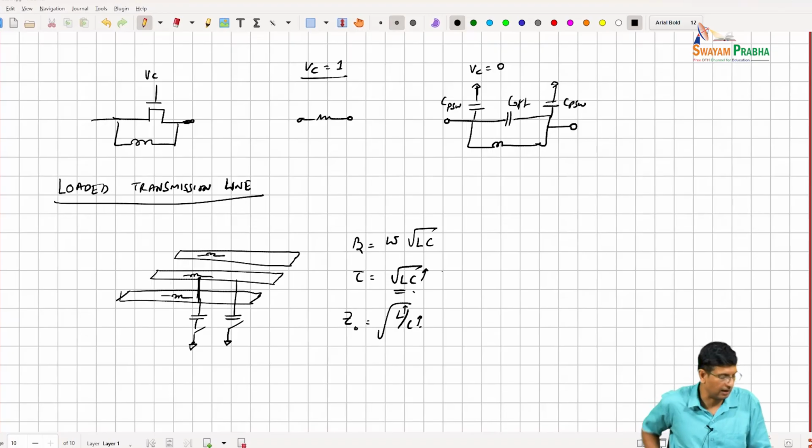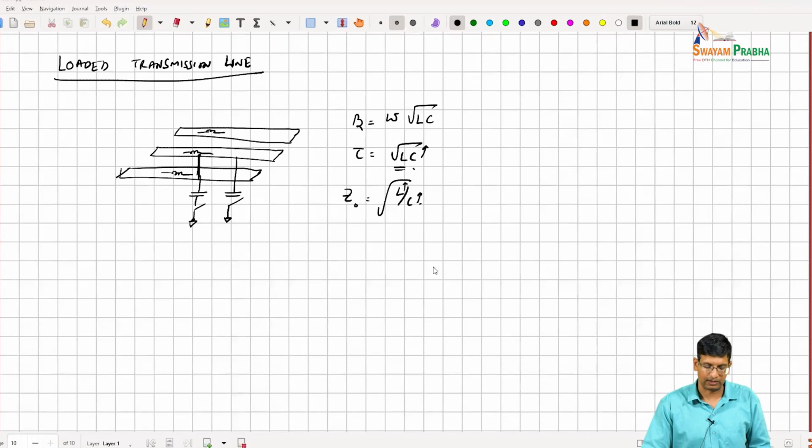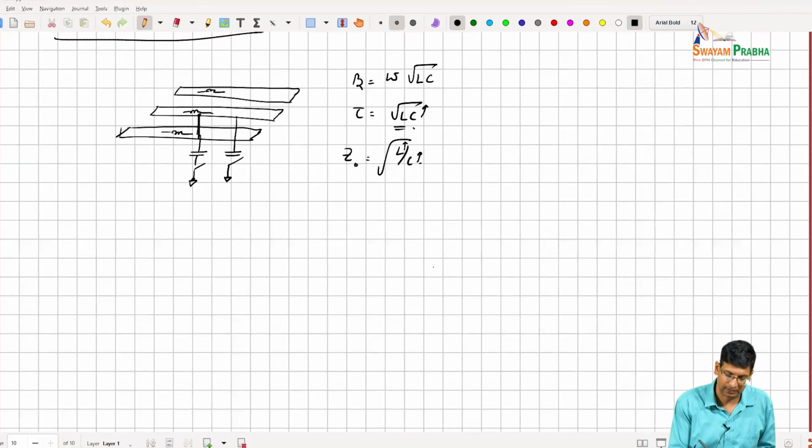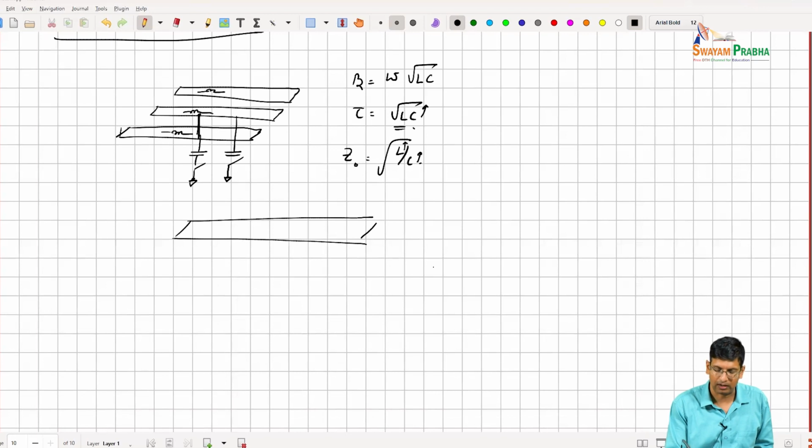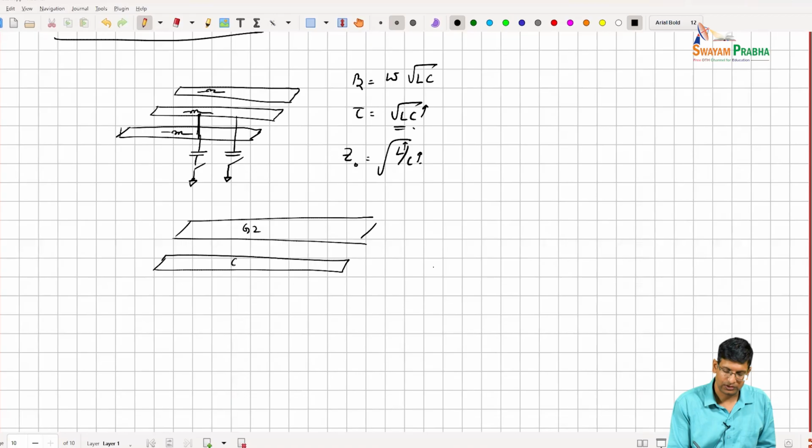What they effectively try to do here is create something a little complex, but we'll just see how it works. So they have this line which I will call G2. Then I have another line which I call G1, and then I have my signal line which I'll draw in a different color.